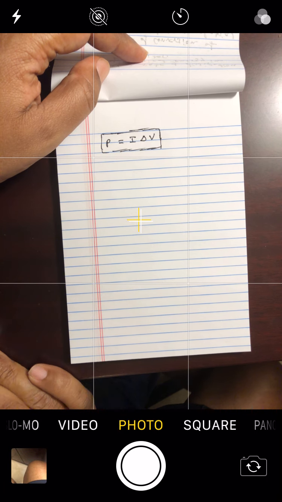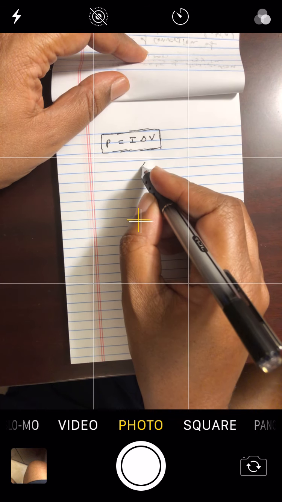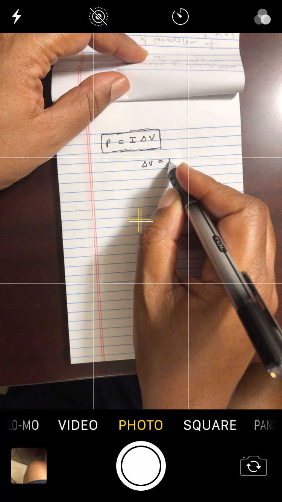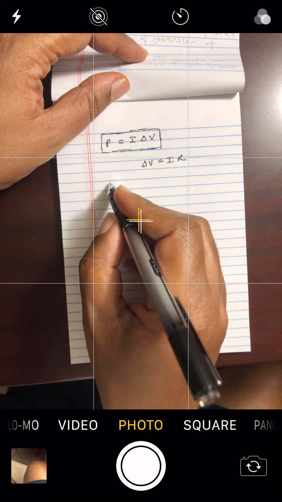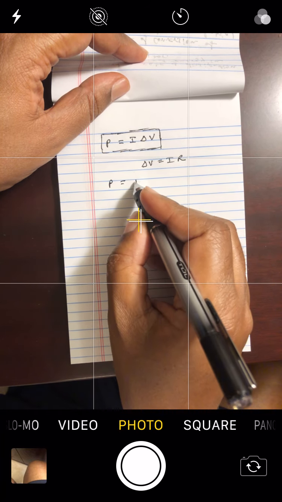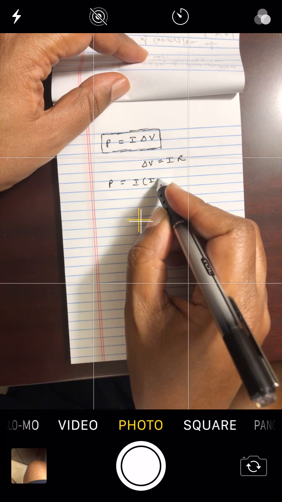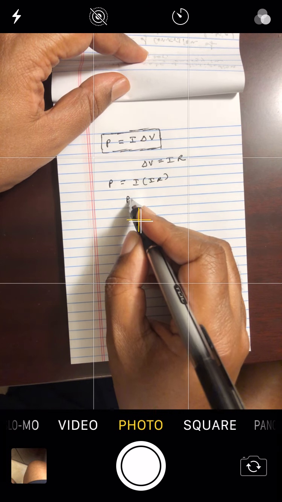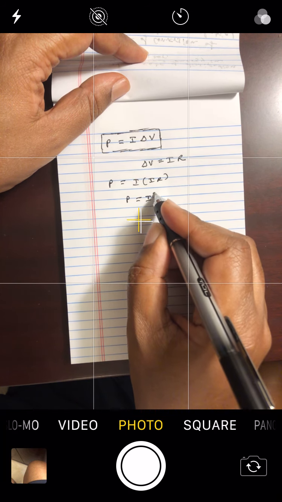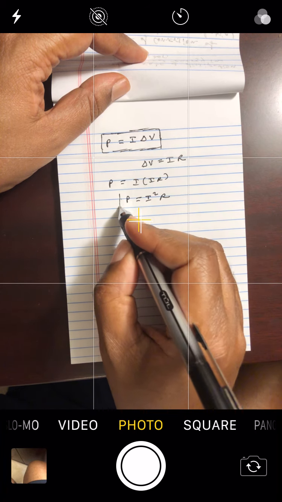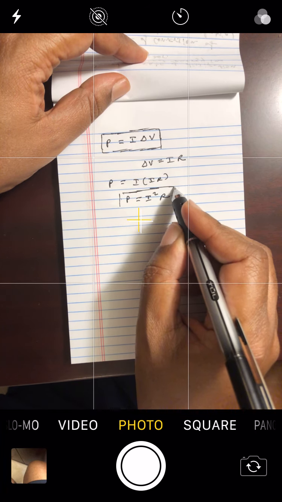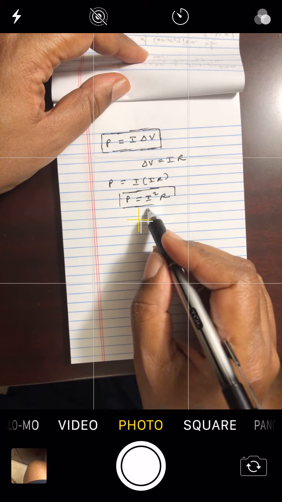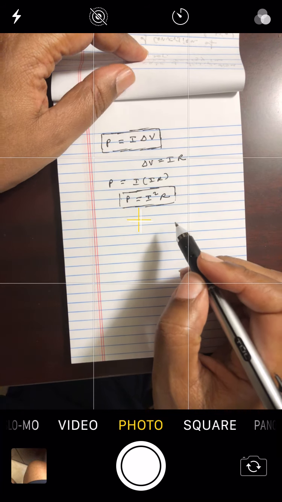Now, using Ohm's law, we can obtain alternate formulas. For example, if I replace delta V by current times resistance, I'll get power equals current times current times R, which gives another formula: current squared times resistance. I can use this if I know the current and the resistance.